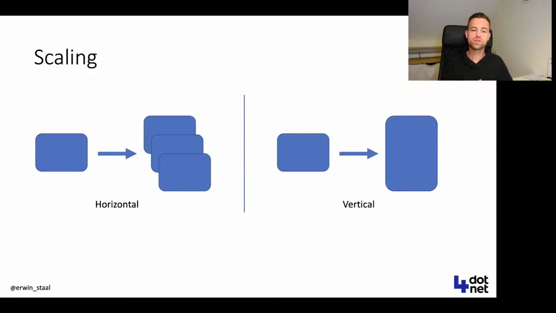So let's go back to KEDA again. KEDA is about autoscaling, so let's talk about scaling for a bit. Normally you could say there are two types of scaling, horizontal and vertical. If you look at horizontal scaling, we mean that we could add additional machines to increase the amount of compute we have.